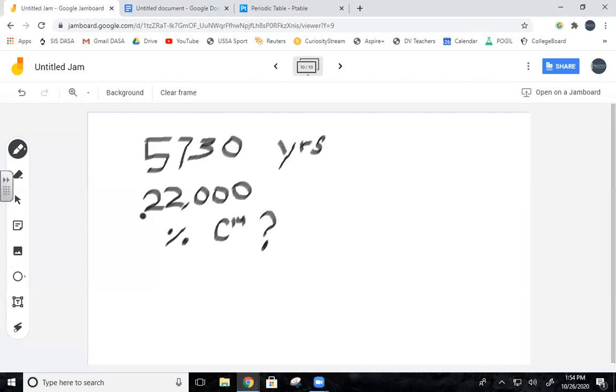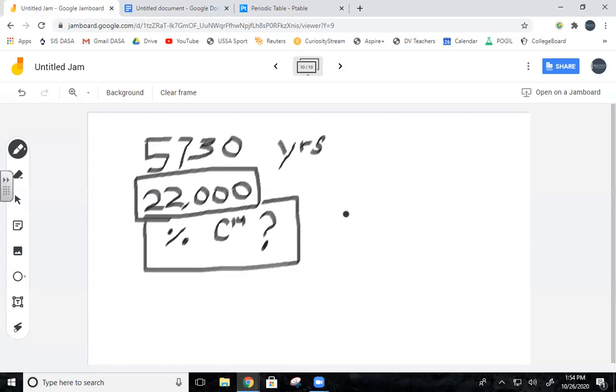So we know, or at least we think we know, the age. So if we did this correctly, then the rock and the fossil should be the same age. So how are we going to determine the percentage of carbon-14 left? What should it be? 6.25.